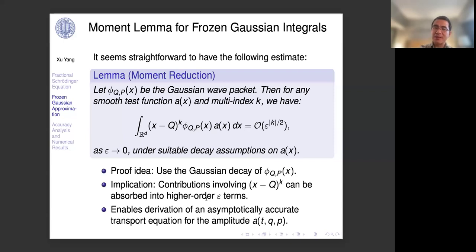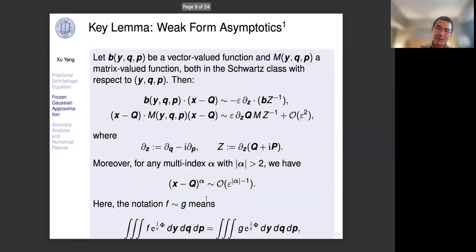Okay, so for the frozen Gaussian approximation, unfortunately, we lose this Hessian function, so we lose the dynamics of the Gaussian. And how can we balance the number of variables with the number of equations? This is the kind of weak-form asymptotics that I talked about at the beginning. In order to reduce the redundancy, to reduce the overdetermined conditions for the number of unknowns that we have, we have to use the trick of integration by parts.